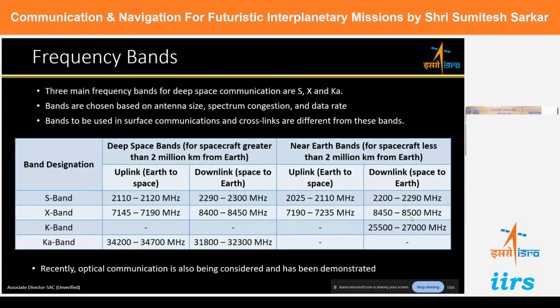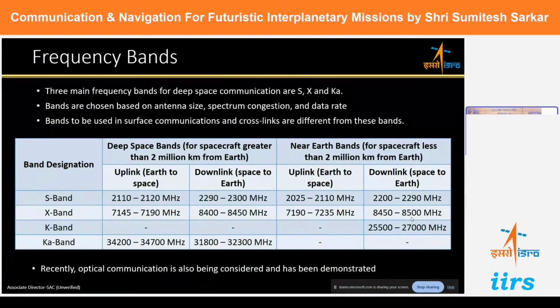Next. So these are the frequency bands, as I said, the deep space bands: S band, X band, K band, Ka band. S band is on the lower side of the spectrum, 2.1 to 2.182 gigahertz, in that range. For uplink and downlink, there are different frequency allocations. These frequencies are all allocated by the International Telecommunication Union, ITU, based on their applicability and international coordination.